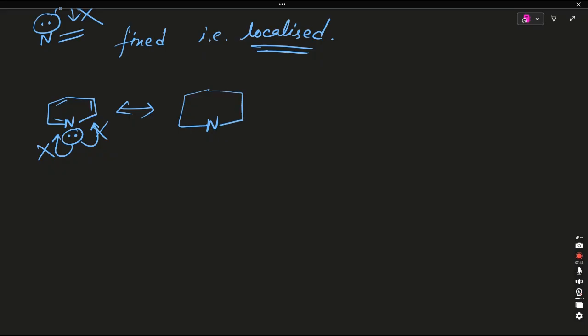In this way, we can write the equivalent structure like this. The electron cloud is present in the ring, so this lone pair is fixed. It can't be conjugated, so this is localized.